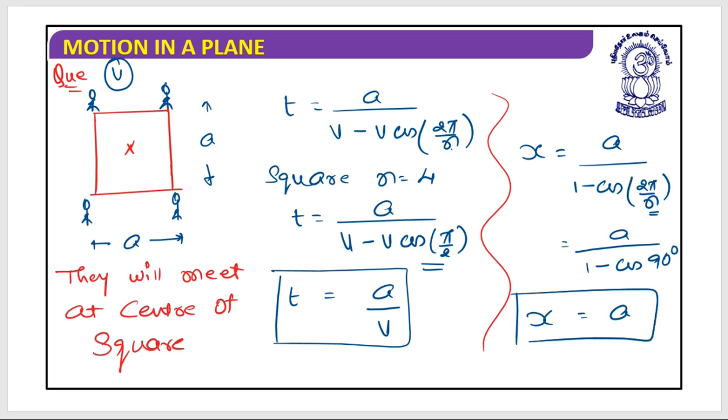So x must be equal to a. I hope these things are clear. Is it clear? Is it possible to do this kind of question? Can you do this kind of questions? Are you sure?